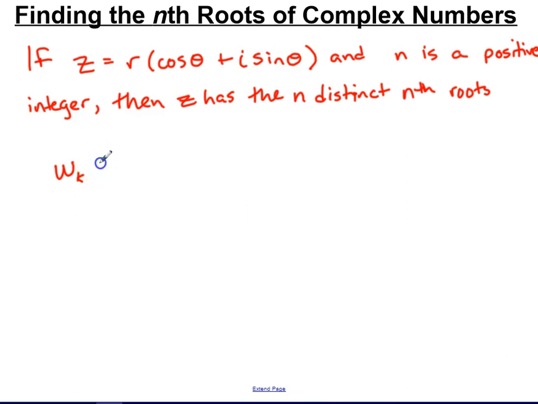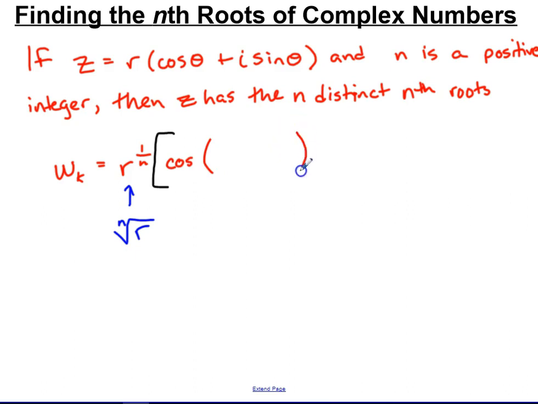It's going to look like this. r to the 1/nth power, which could also be written as the nth root of r, and then we're going to multiply that by cosine of this angle, times i sine of this angle.